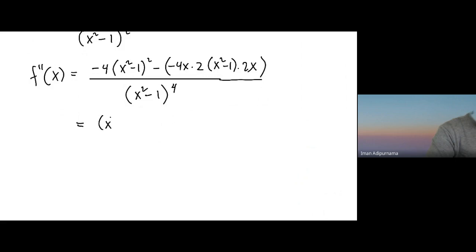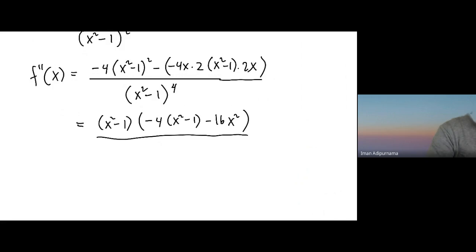Let me move the x squared minus 1 outside. We have minus 4 (x squared minus 1) minus 16x squared, right?